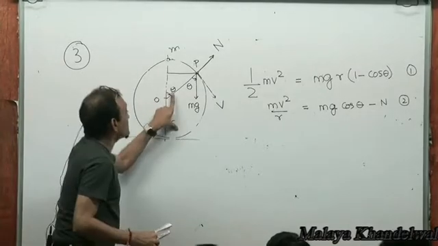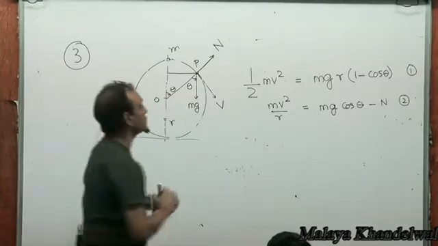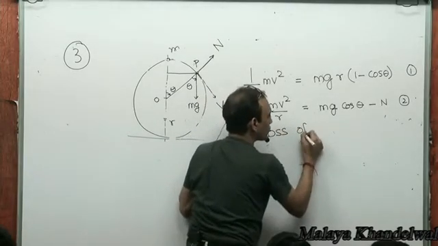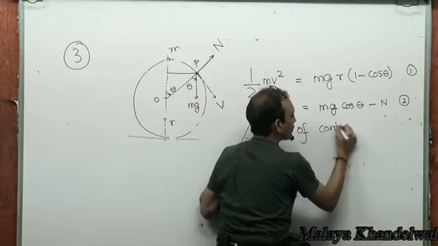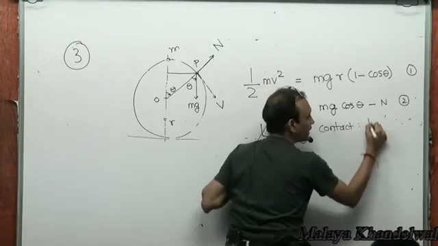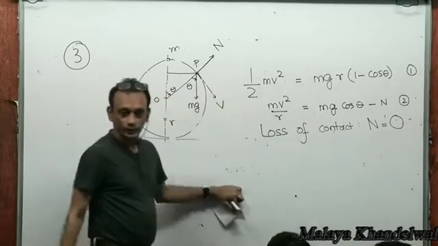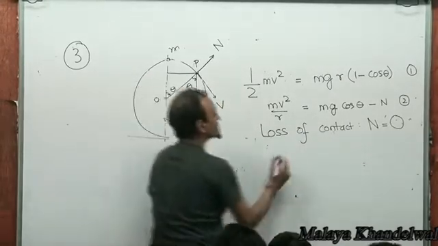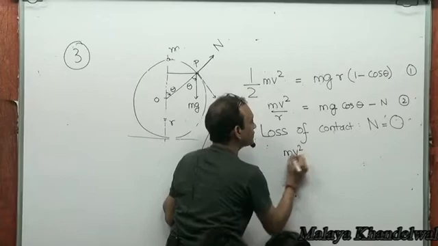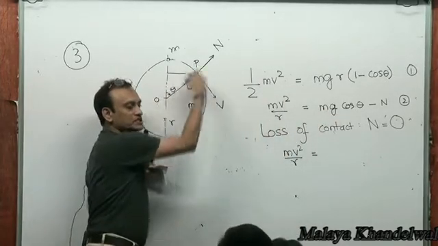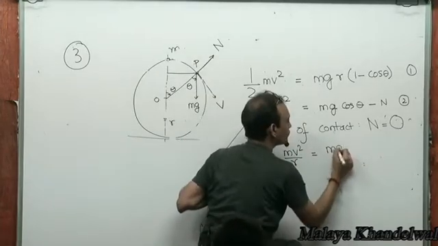So, let's say at this theta it loses contact. Loss of contact is given by N equal to 0, right? That means mv squared by r is provided by only the component of weight in this direction, mg cos theta.